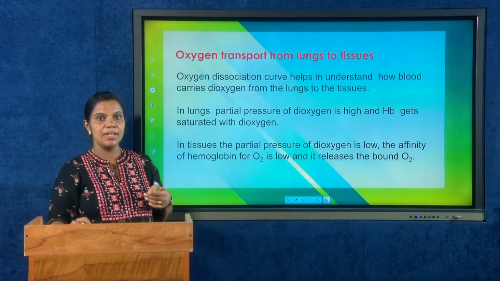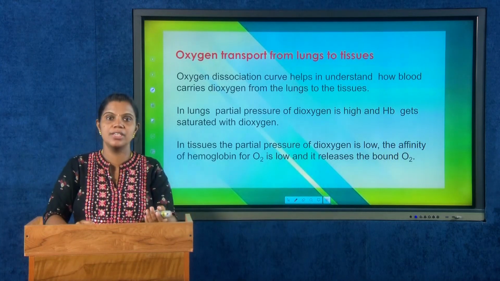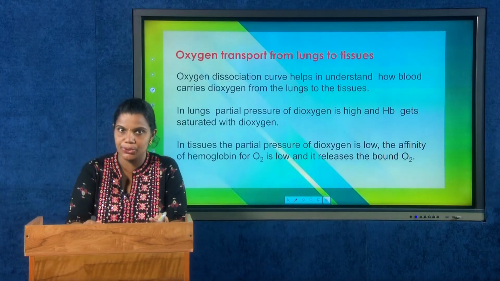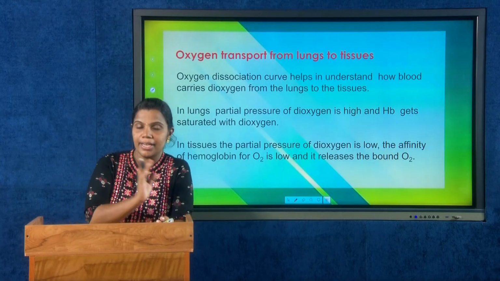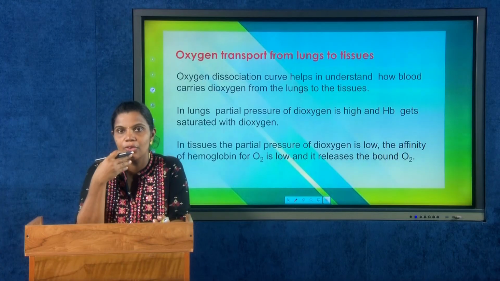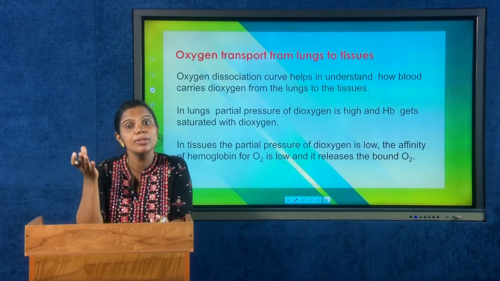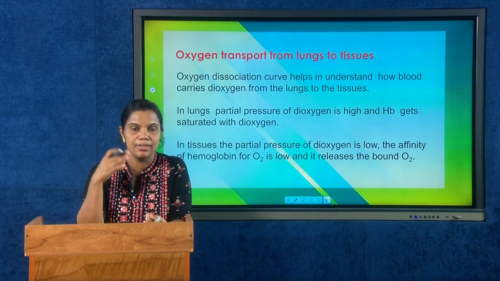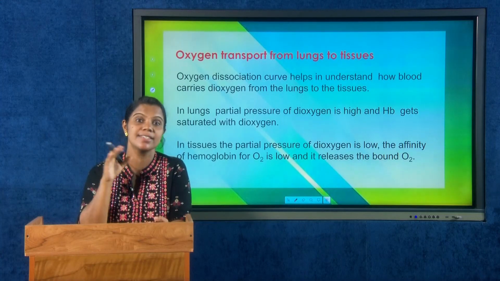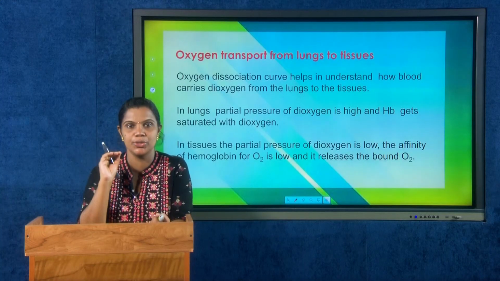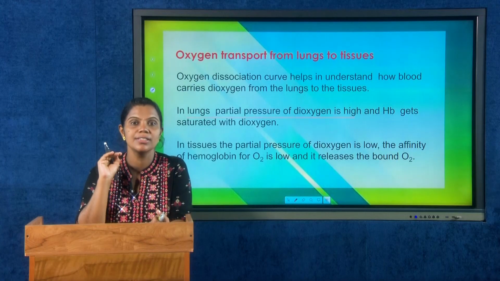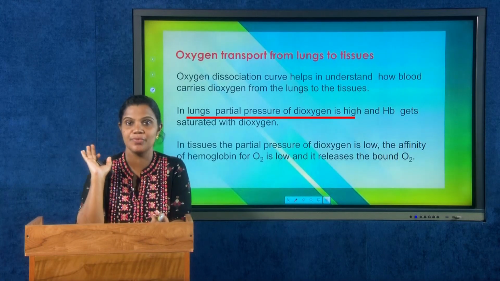Now, let us see how the oxygen transport is happening between the lungs and tissues. It can be explained with the oxygen dissociation curve. It helps to understand how the blood carries dioxygen from the lungs to tissues. We know that in the lungs, partial pressure of oxygen is very high.